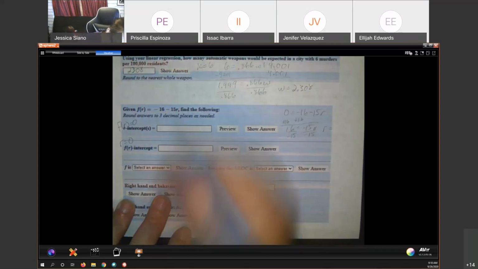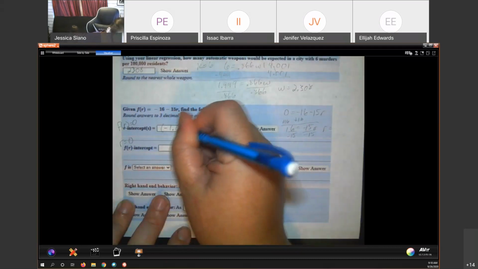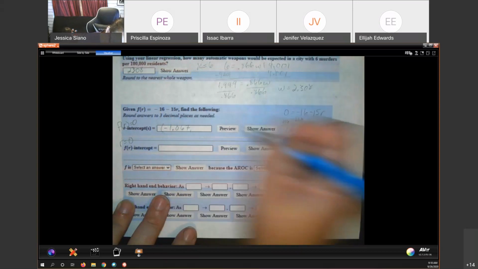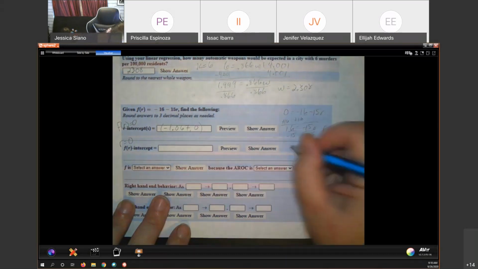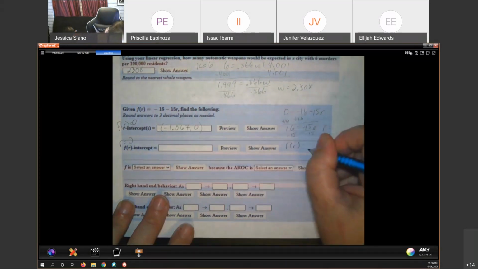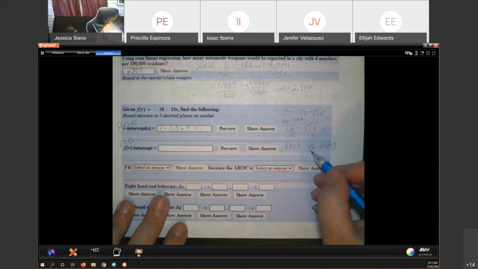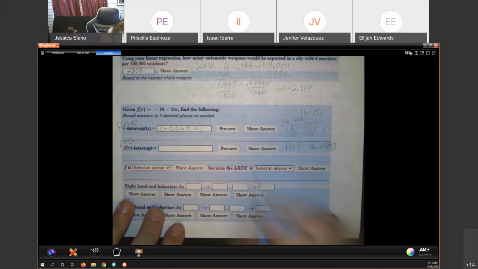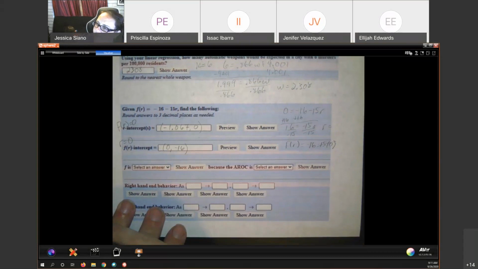They said 3 decimal places. So negative 1.067. And then for this one, 15 times 0 is just going to be 0. So then your f of r-intercept is negative 16. Okay.